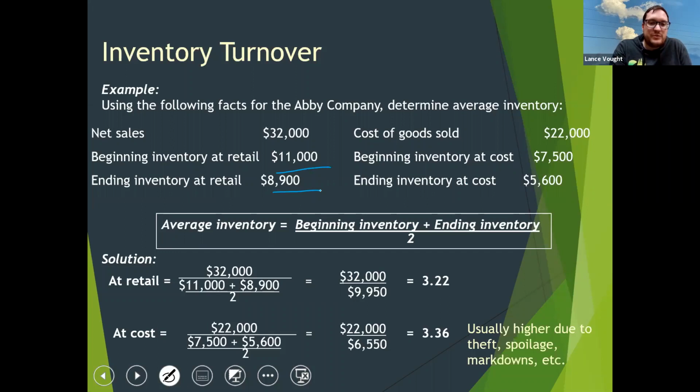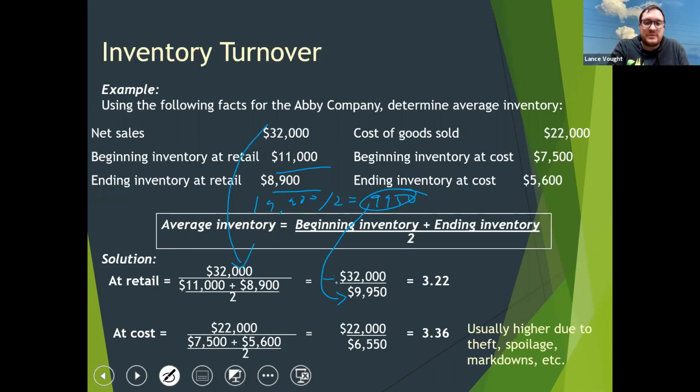So that gives you $19,900. You divide that by 2, that gives you 9,950. And 9,950 then becomes the denominator for the at retail. And then your net sales is $32,000. That goes on the numerator.